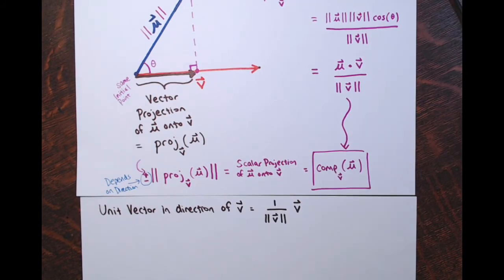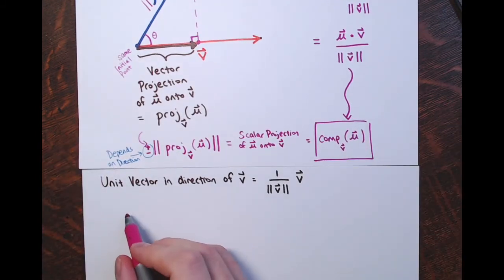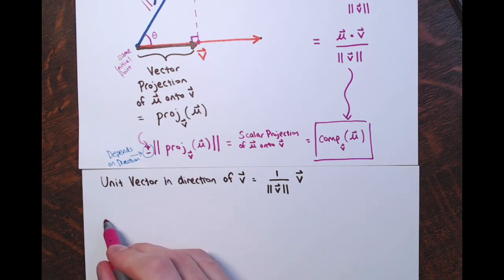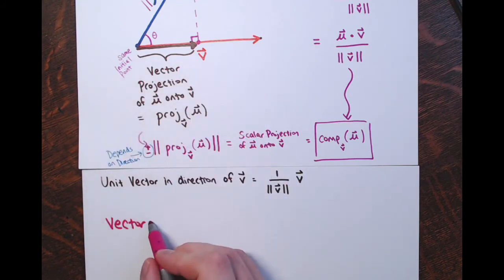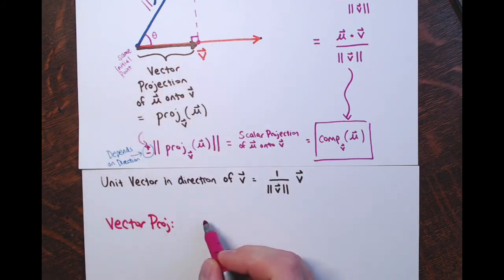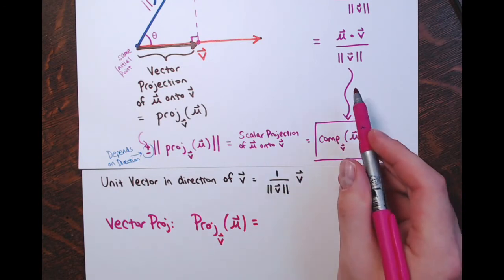So putting all this together, again, lots of letters here. Maybe it doesn't make a lot of sense, but we'll get to an example with some numbers, and maybe that'll make it a little clearer. So the vector projection, that brown vector I had there, the projection vector of vector u onto vector v, is this unit vector multiplied by this vector here.